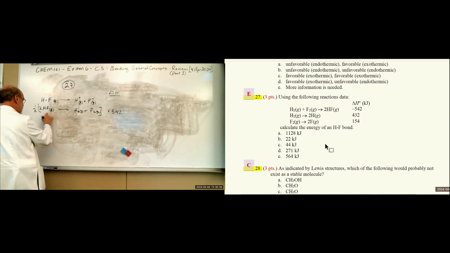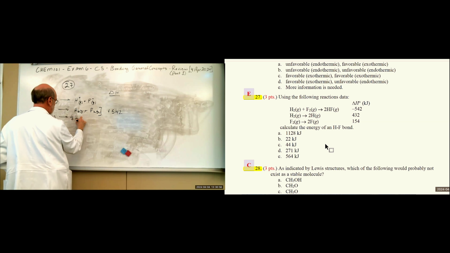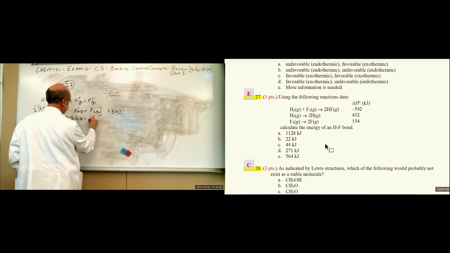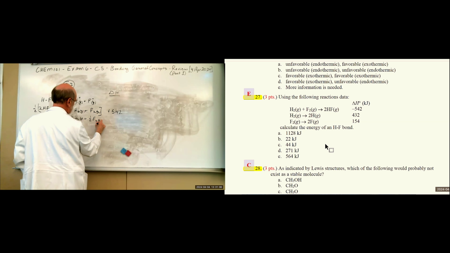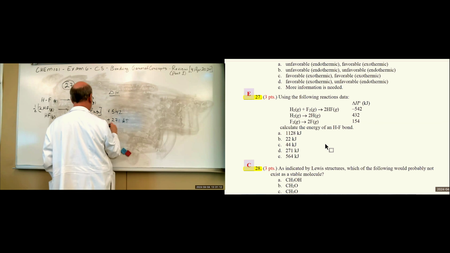And so now we got HF gas yields 1/2 H2 gas plus 1/2 F2 gas. And that makes this one 271, right? Kilojoules. Yeah, that's right.